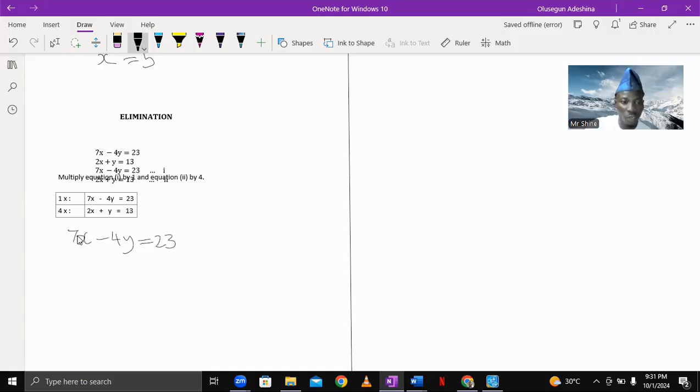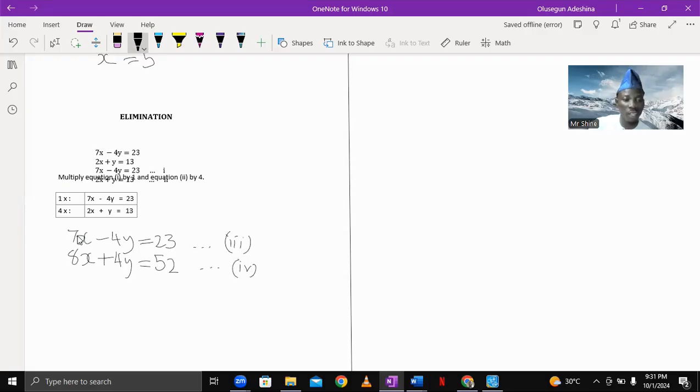Now in the second equation, 4 times 2x gives us 8x. 4 times plus y gives us plus 4y. And 4 times 13 gives us 52. Now, this is what we have. We're going to call this equation 3 because it is the third equation, and we're going to call this equation 4 because it is the fourth equation.